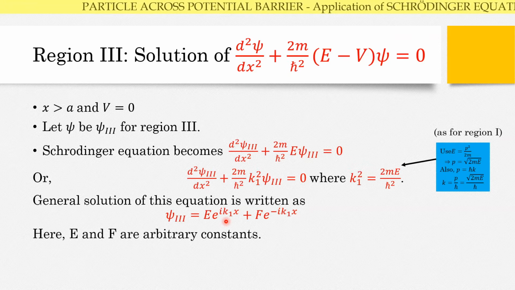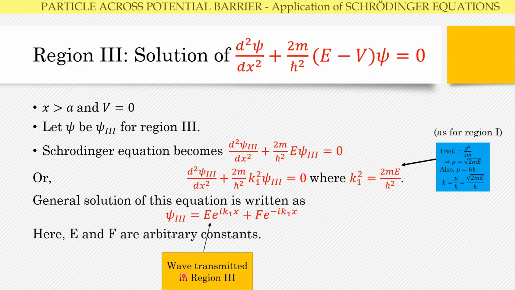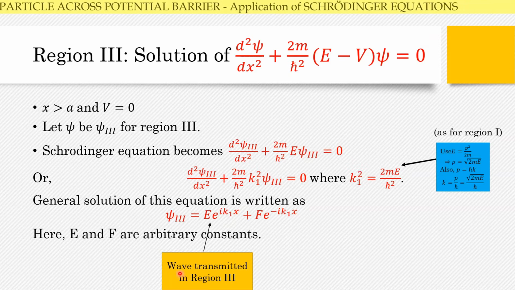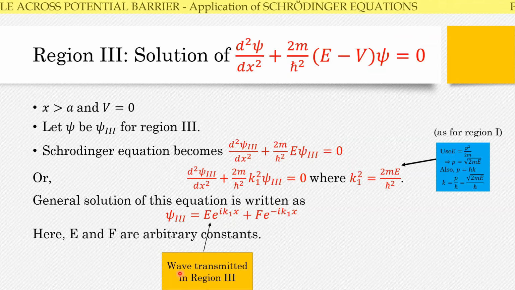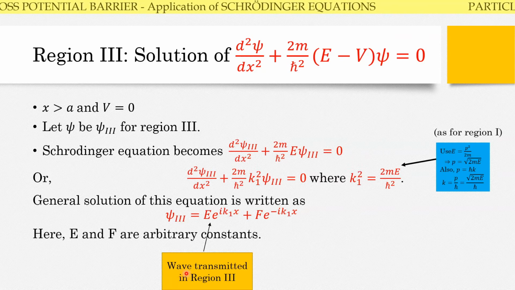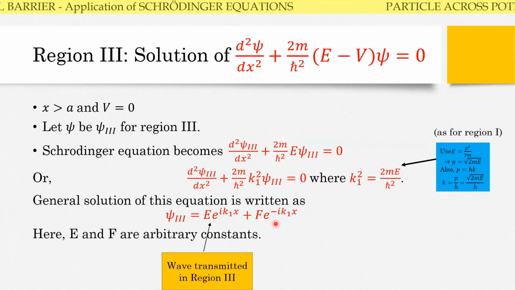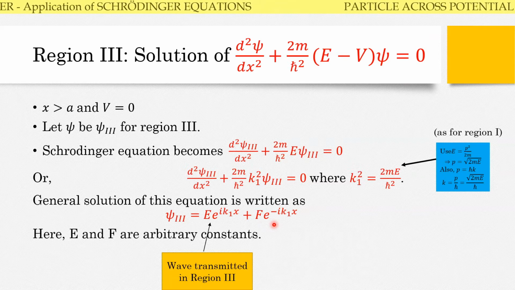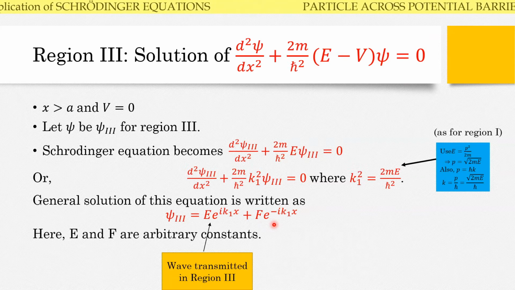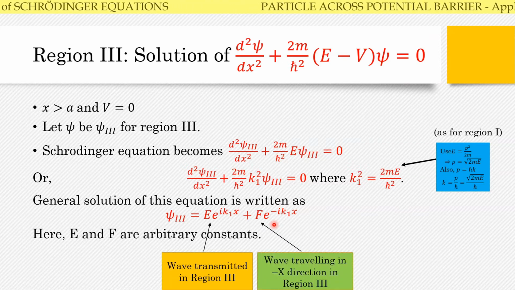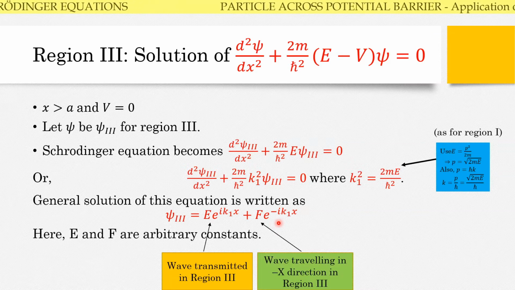So it must be the transmitted wave from the region 1 which has penetrated region 2 and appeared in the region 3. And in the same way, this must be the wave part which is getting reflected in the region 3.